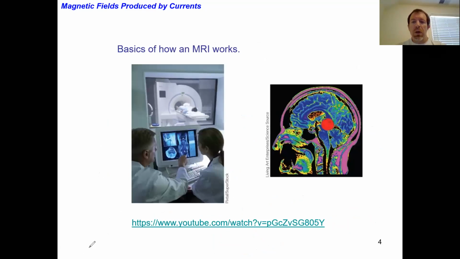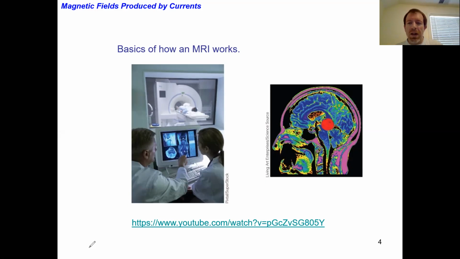All right. So here's something for y'all to check out on your own. I'm not going to get into it, but why do we care about solenoids and magnetic fields in general? There are all kinds of medical applications. One of them is an MRI, magnetic resonance imaging, which can tell us what's going on inside of our head in this example, or inside of our body in general. Some of you have experienced an MRI.